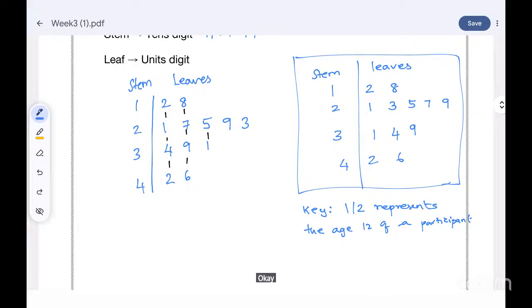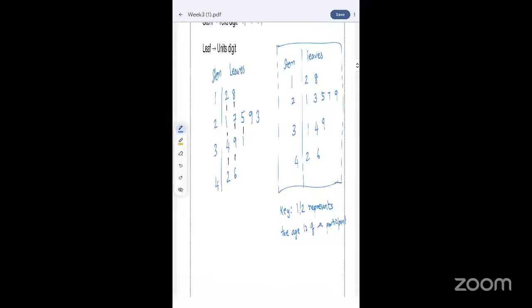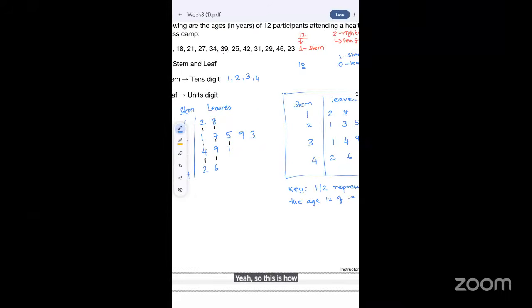Okay. Now coming to an important observation here. Everyone, now you are going to view it. I'll see if I can turn this page view. Just a minute. Yeah. So this is how I want to. Okay. So now in this view, why this view? I'll tell you now.